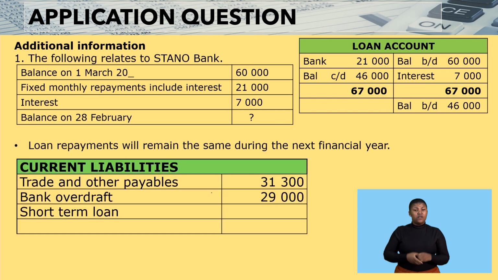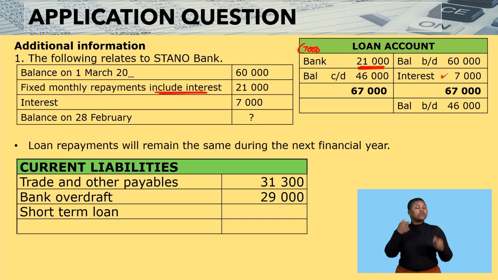We now want to record the short-term loan. I know that on my loan, the repayments will remain the same, that is the 14,000. How do I know it's 14,000? I know that when I made payments of 21,000, I made payments that included interest. So in the 21,000, there is 7,000, which is interest.